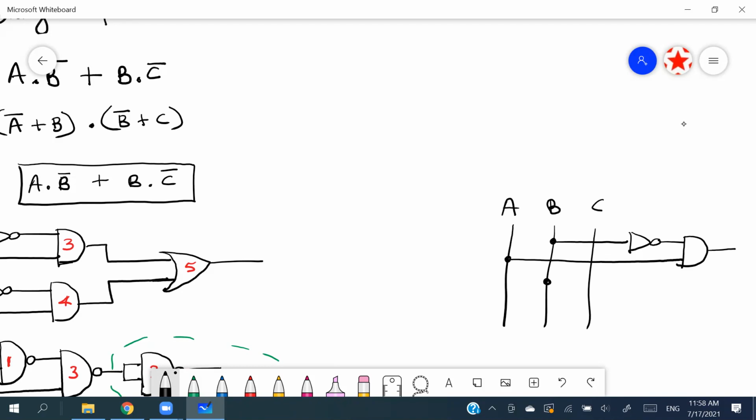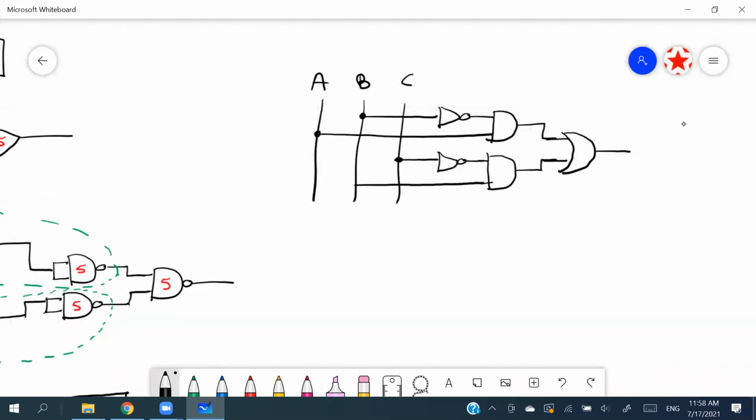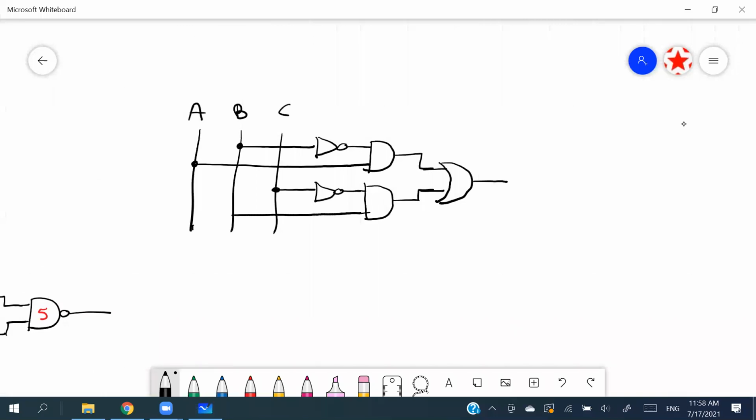And b dot c bar. Right, so we need an OR gate. Right, so this is the basic gate again, and now we are going to draw it using NOR gates, right?